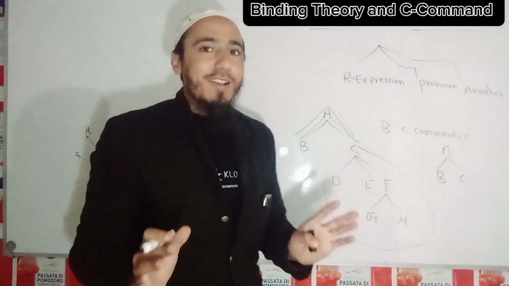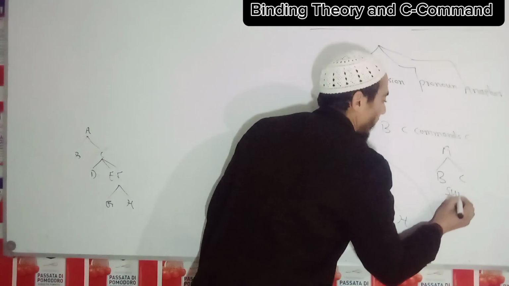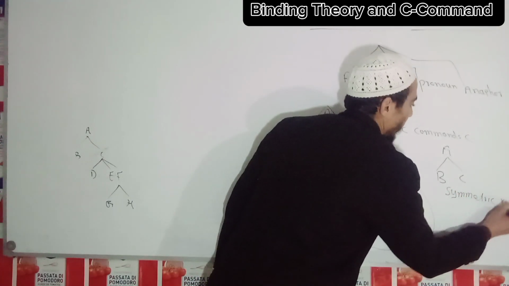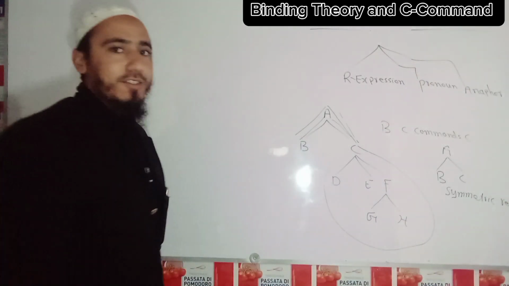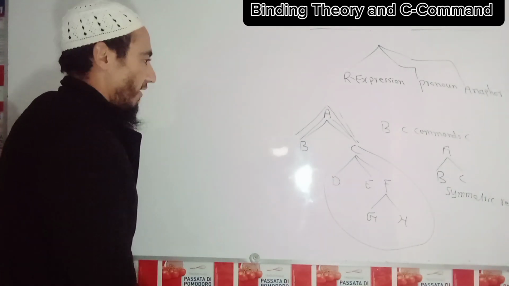This kind of structure or relation is called a symmetric relation, or symmetric C-command.